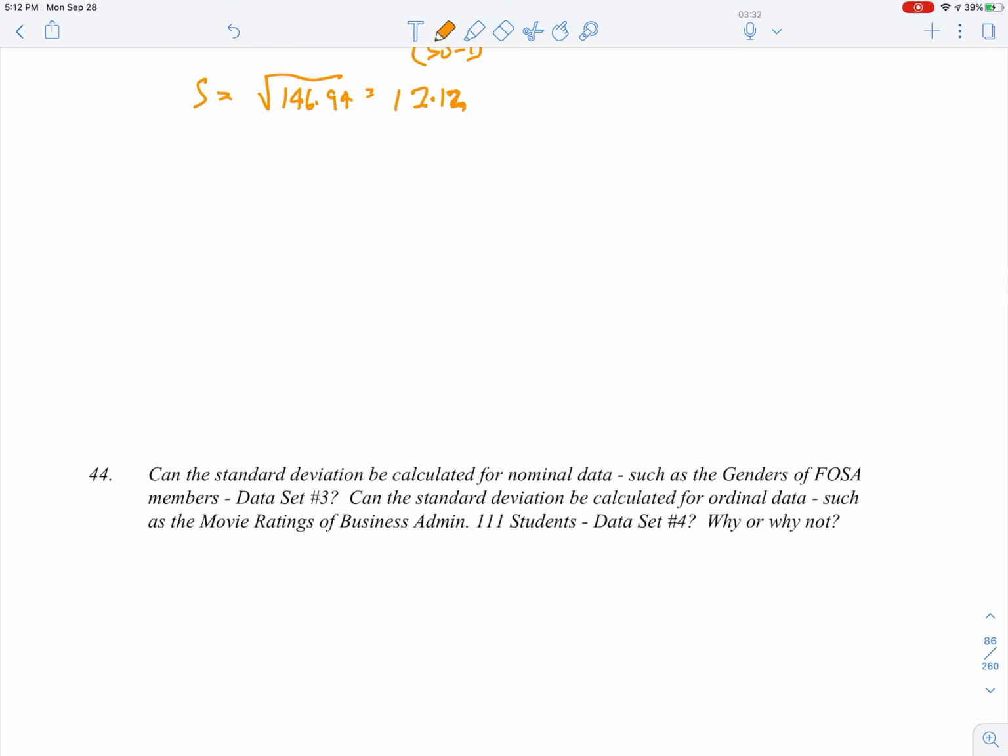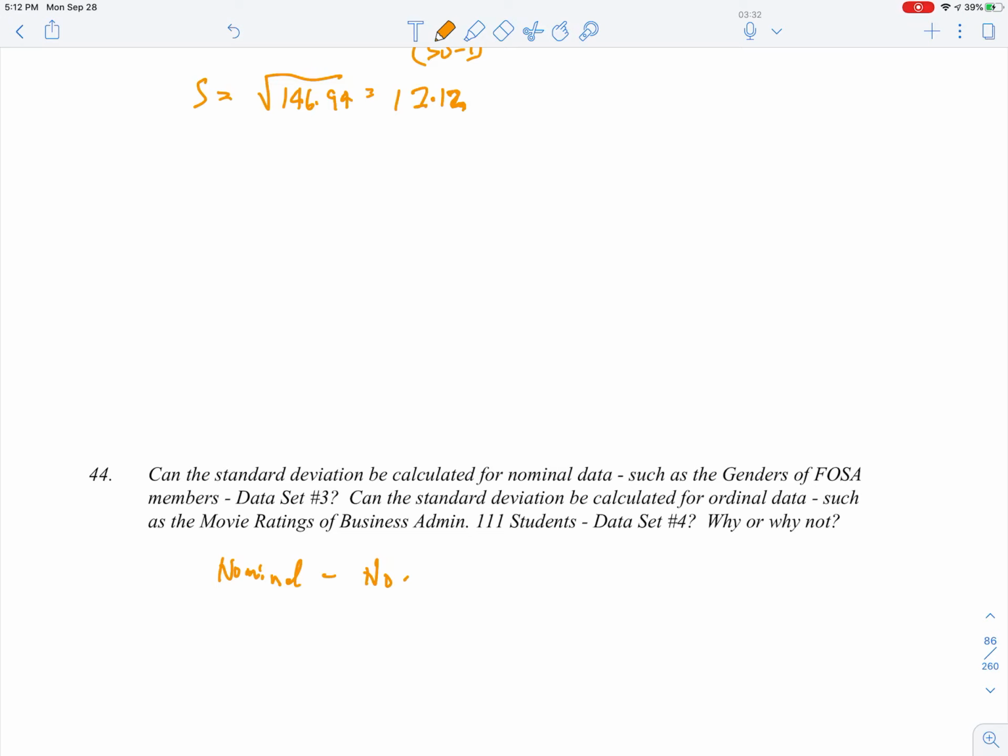Number 44, can the standard deviation be calculated for nominal data, such as the genders of class members? And the answer is no. So with nominal data, the answer is no. And you want to think of it the same argument that we had with averages. Remember, in order to calculate a standard deviation, you need to be looking at deviations from the mean.